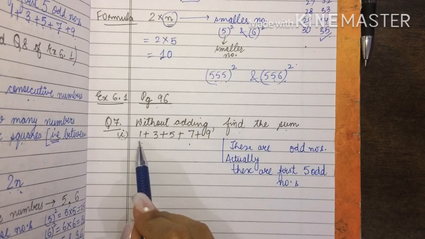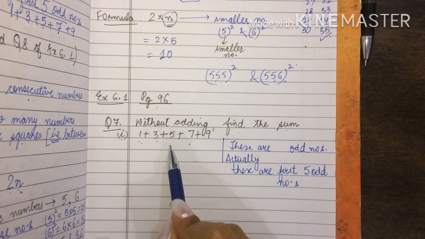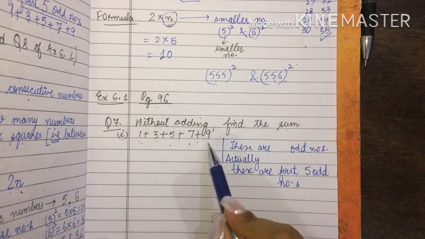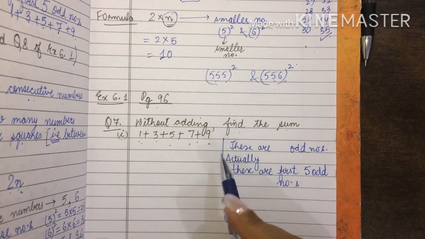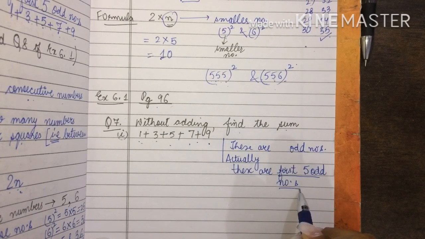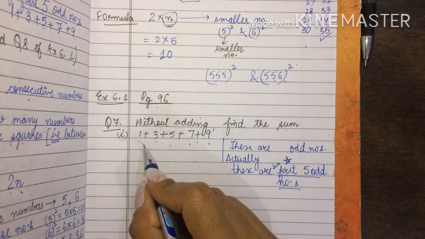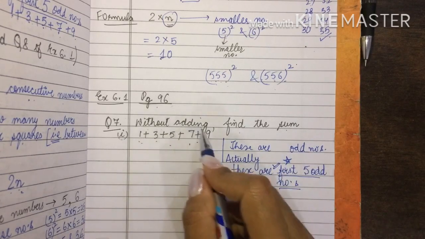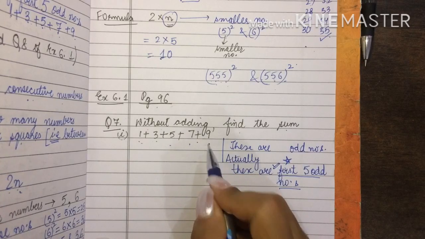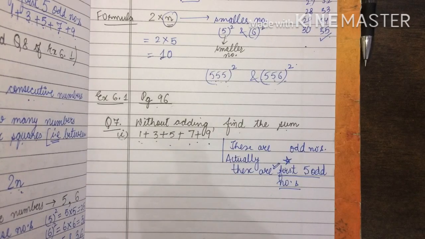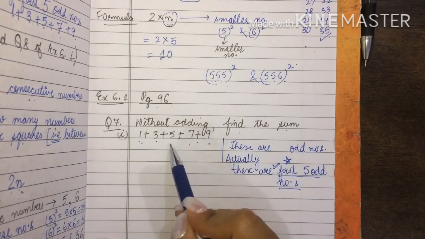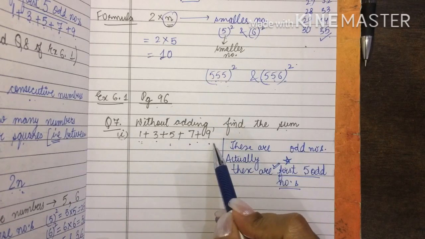This is the first odd number, second odd, third odd, fourth odd, fifth odd number. So how many odd numbers do we have? First 5. This is important. You have to start from the first odd, and go up to the fifth odd number, not 5, the fifth odd number.